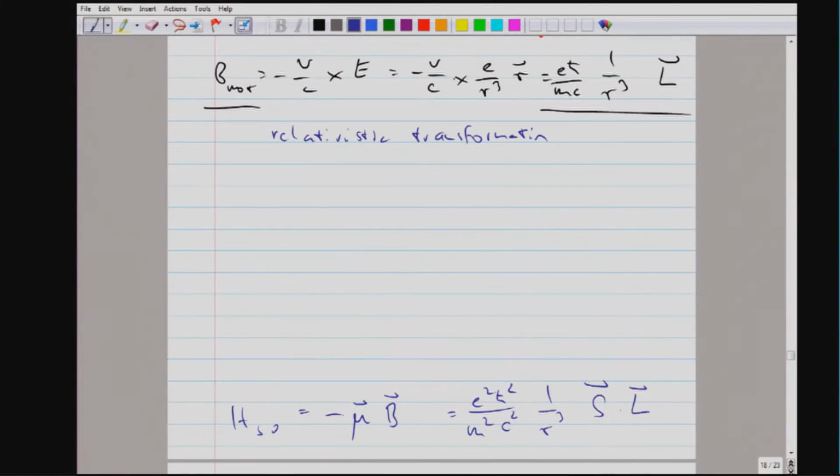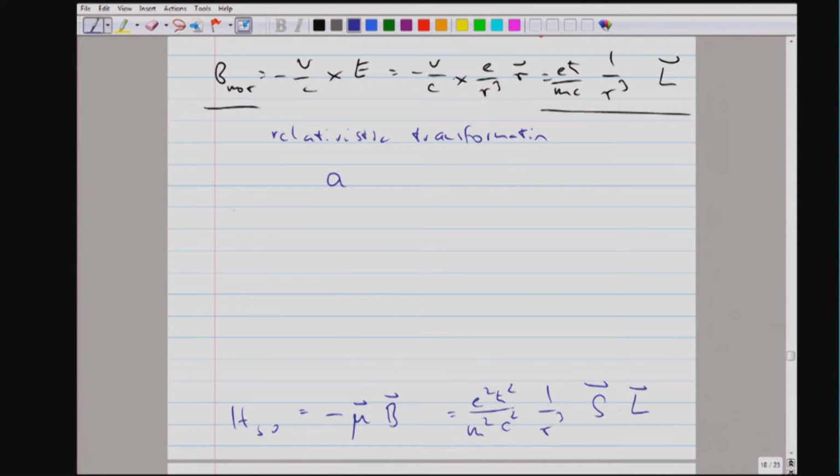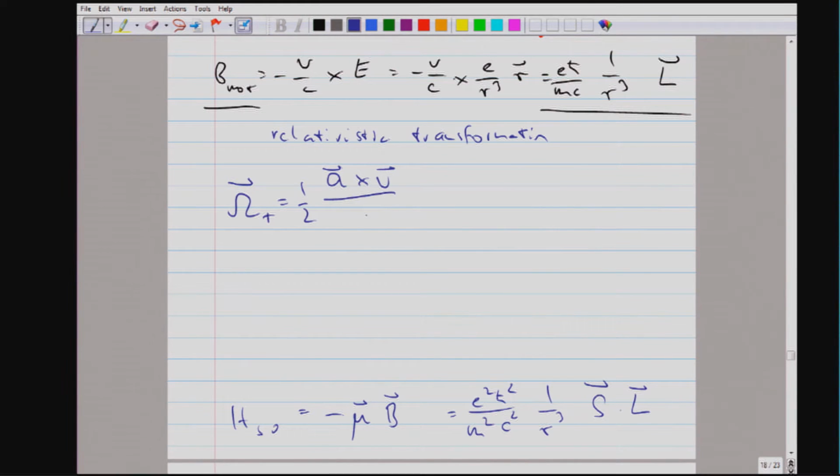And that means that the result can be summarized as follows: there is a rotational angular velocity which can be written as follows. You see immediately that this term is 0 when the acceleration and velocity are the same.